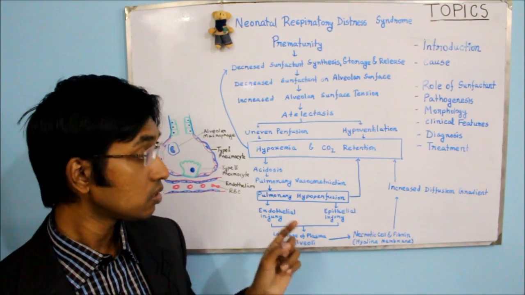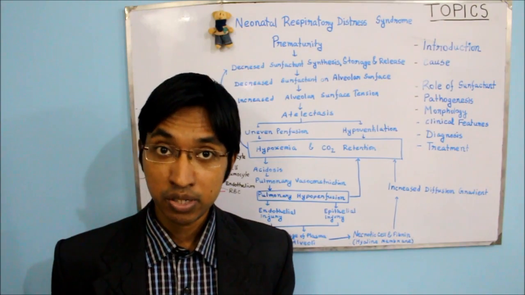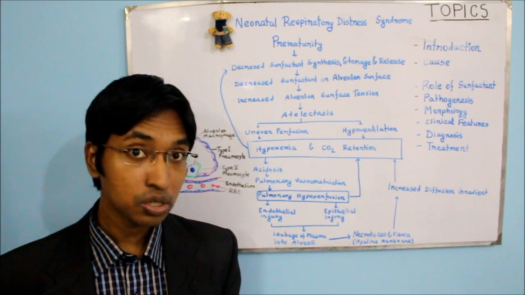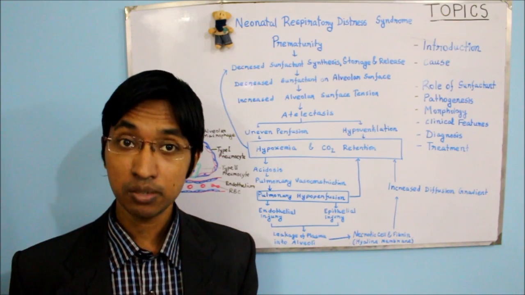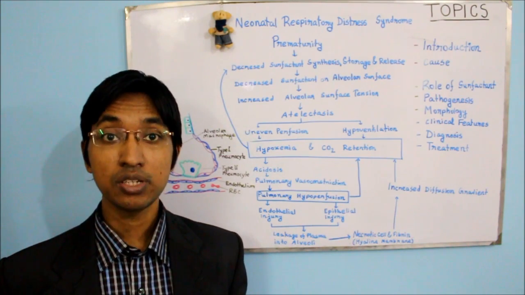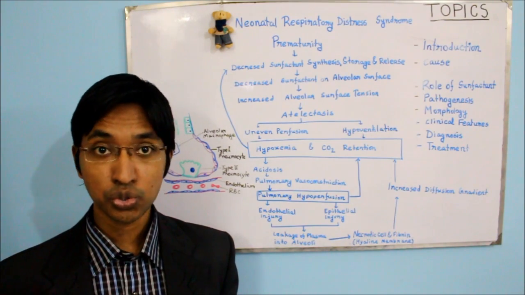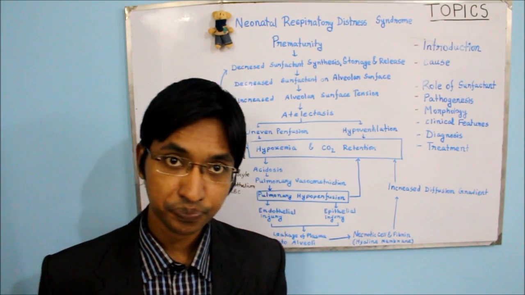Recall that in this disease the baby requires high inspiratory pressure not only for the very first breath but also for every subsequent breath. So that's why there will also be nasal flaring.